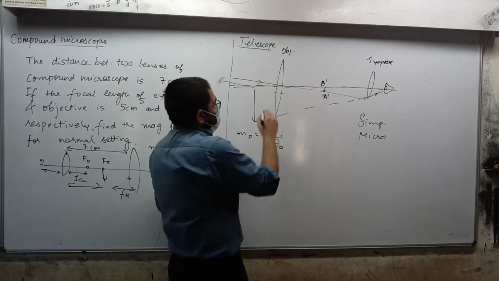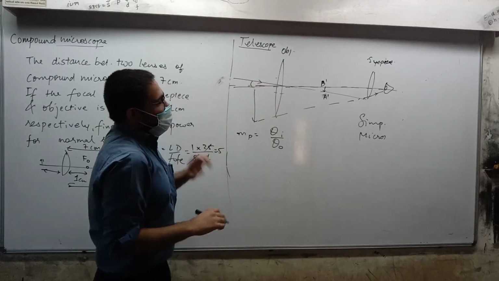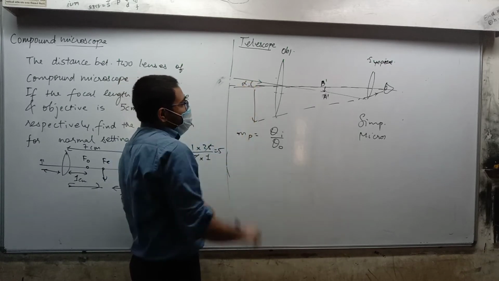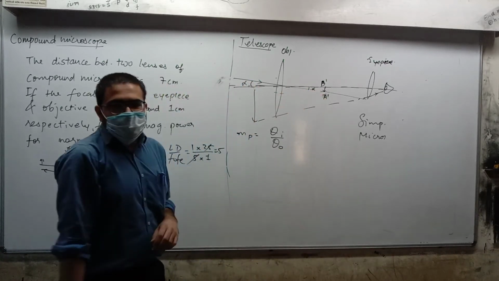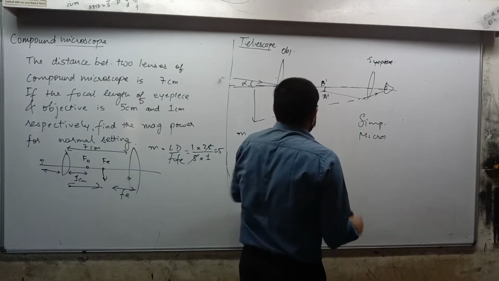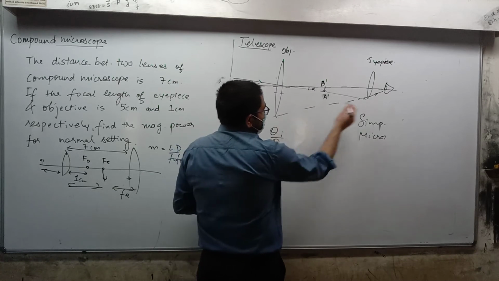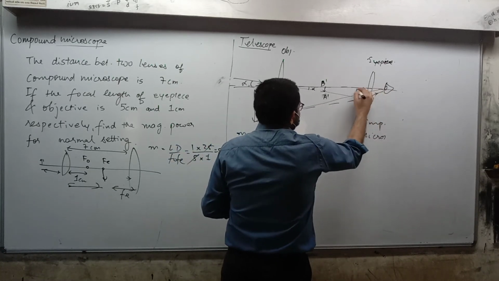Right? Now suppose this angle is alpha. So alpha comes here. Do you agree with me? Vertically opposite. On the other hand, if you consider that the final image is formed here, and when you see it, it makes an angle beta at your eye.